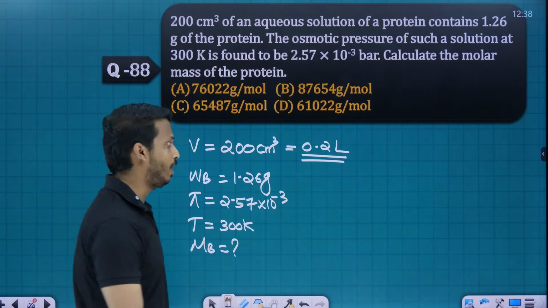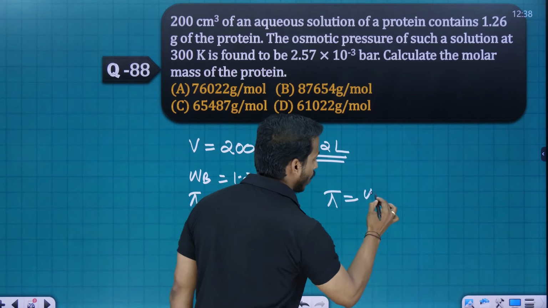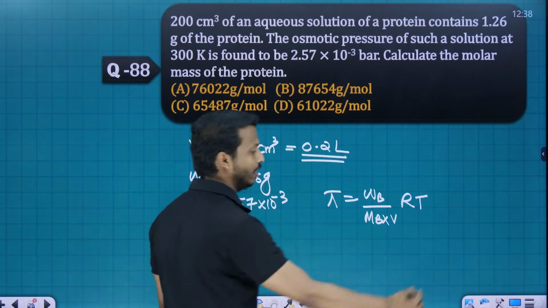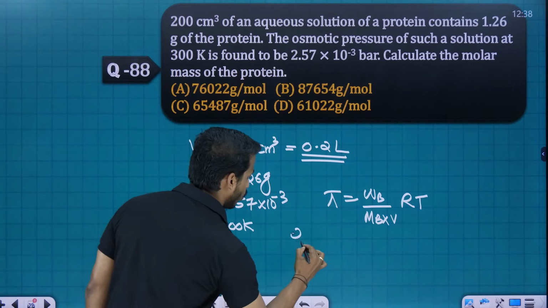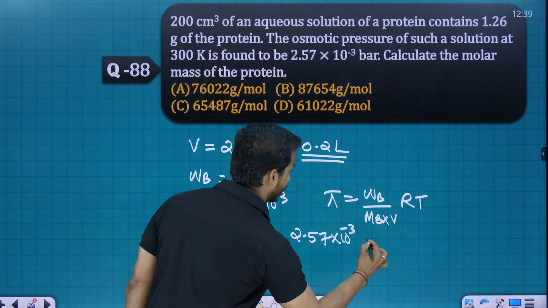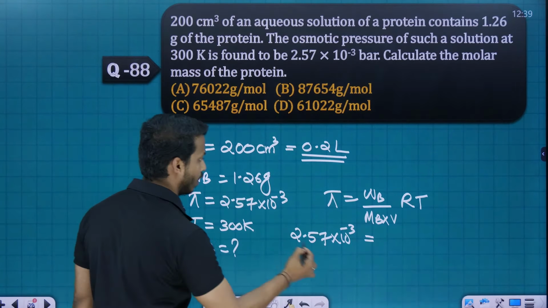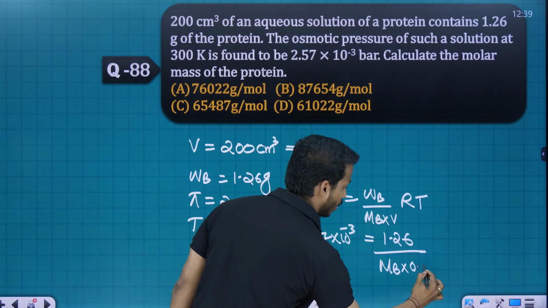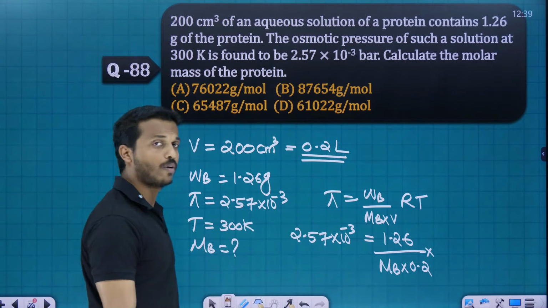Which theory? Osmotic pressure equation. Pi equal to WB by MB into V into RT, right? So pi is 2.57 into 10 raised to minus 3 equal to, weight of solute 1.26, MB we need to calculate, volume is 0.2 liter. What is the R value?